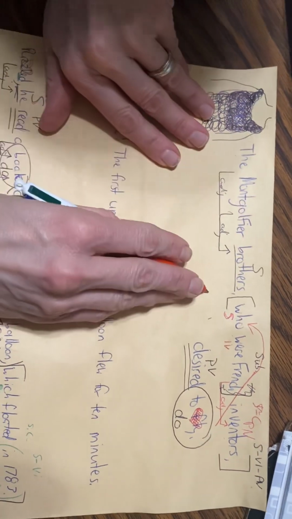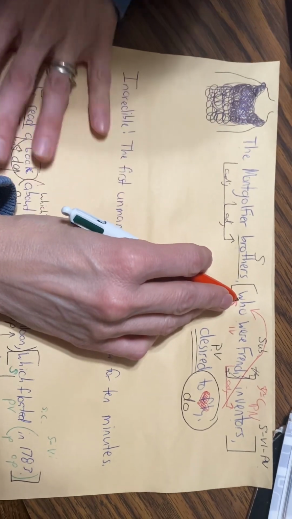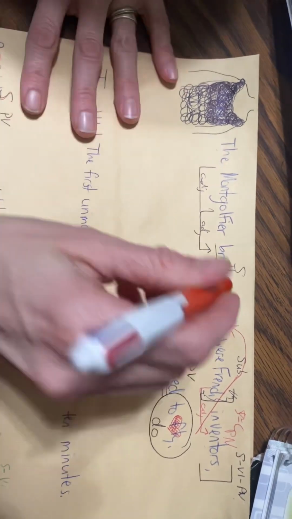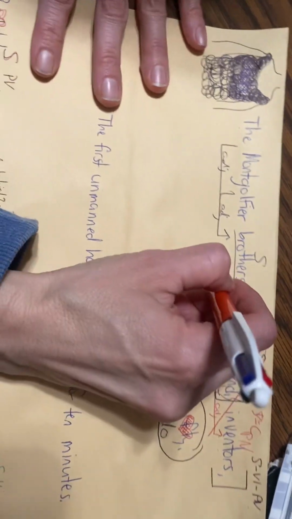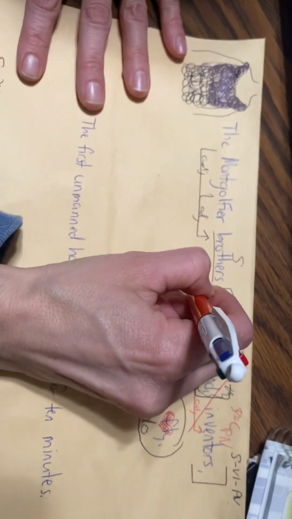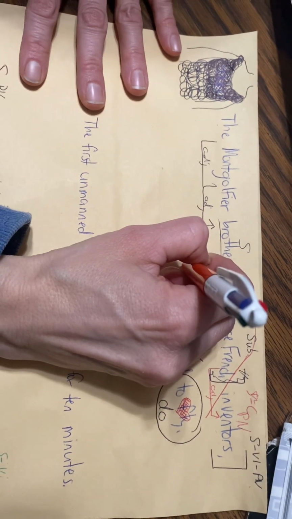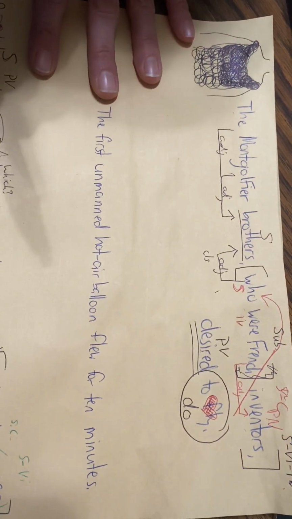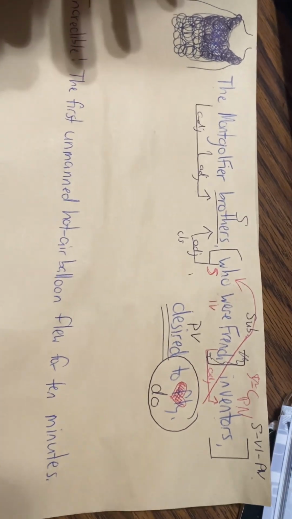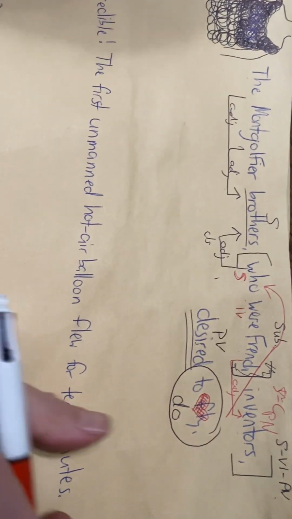Adjective, adjective. Who is telling us more about which brothers? The French ones. The French brothers, okay? This is an adjectival clause. Sorry. That's it. All right. Next.